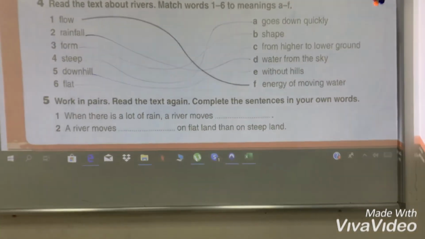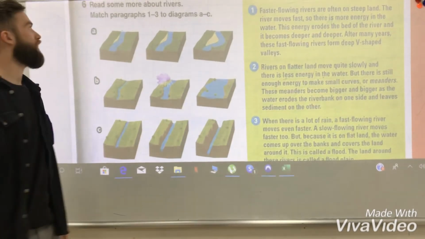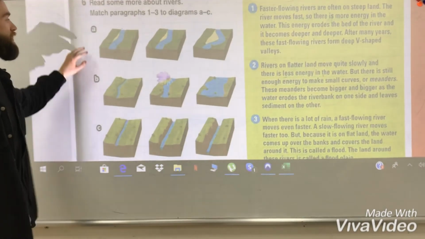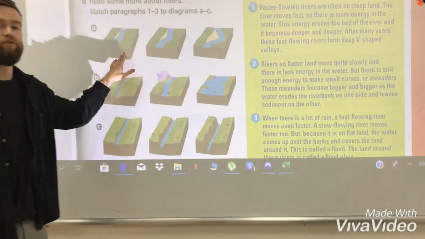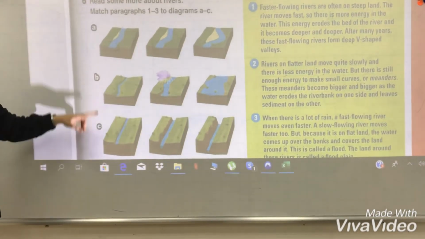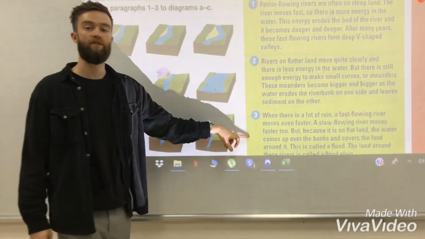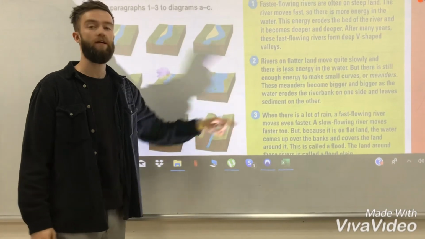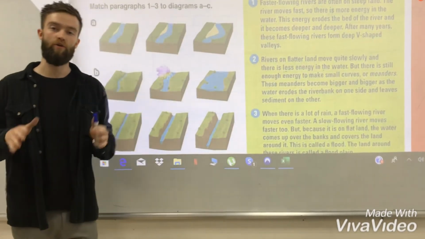Okay guys, so now we are on page 29, and we are looking at exercise 6. As you can see, we have 3 sets of diagrams here of different rivers, A, B, and C. And we have 3 paragraphs which describe the rivers, 1, 2, and 3. Now, there may be some words in these paragraphs that you don't know.